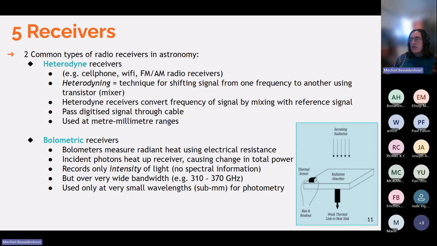On the plus side, you can use this kind of receiver over a very wide bandwidth, over a bandwidth of 60 gigahertz in this case, which gives you a much higher sensitivity. But this kind of receiver is really only used at very small wavelength, sub-millimeter observations for some photometry cases. So for the most part, the vast majority of radio telescopes, including MeerKAT, use heterodyne receivers.